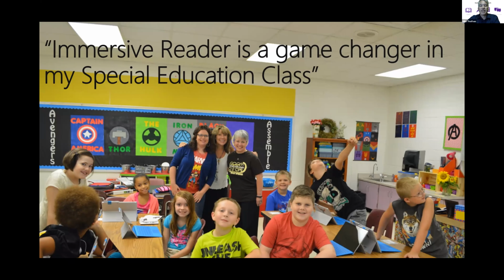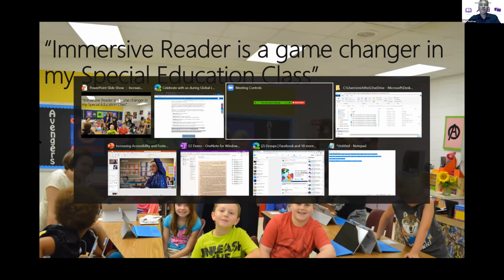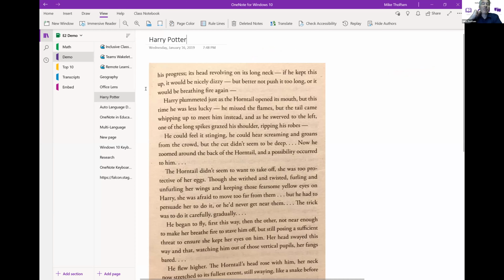Actually, to your point, Alice, one other thing that I'll show here briefly, because I think it is really powerful, to your point about reading alt text or just reading text from images, right here is, I've taken a picture of a Harry Potter book and I've booted OneNote. OneNote is also our free app that's available on all platforms.